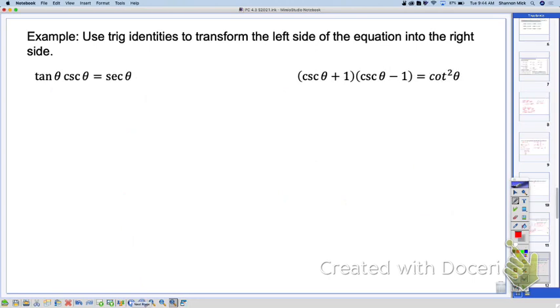Okay, tangent theta times cosecant theta equals secant theta. I don't know. So what do they all have in common? They all have a theta. Yeah, the functions themselves.